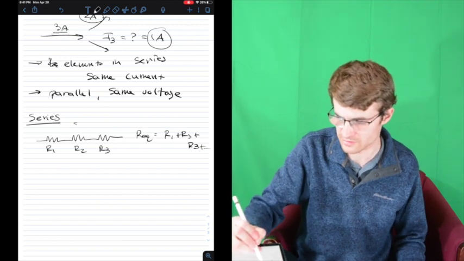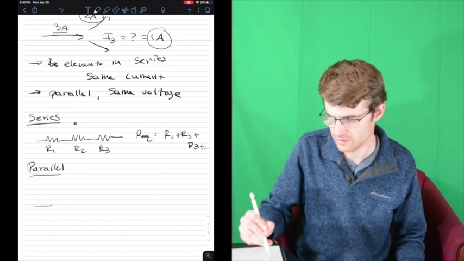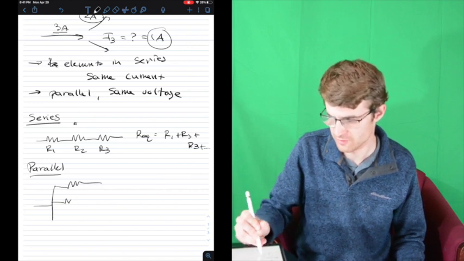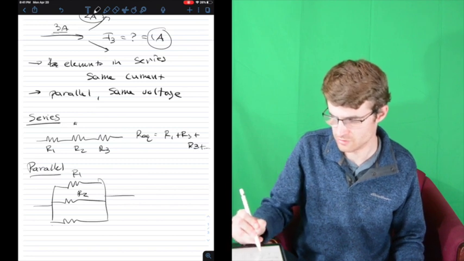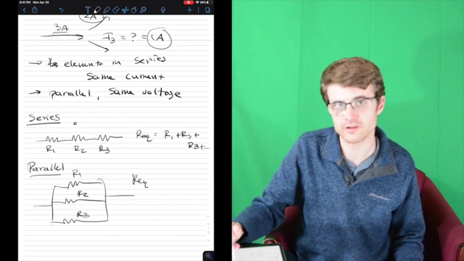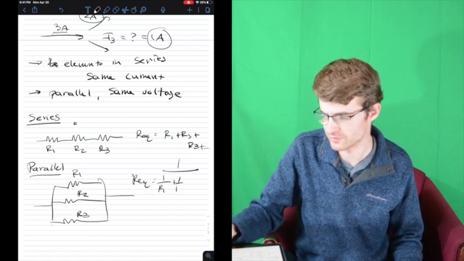So this is the series here. Parallel circuits are analogous. Let's say I have, I don't know, so many in parallel here, R1, R2, and R3. Then the equivalent resistance is 1 over the sums of the reciprocals of each of the individual elements.